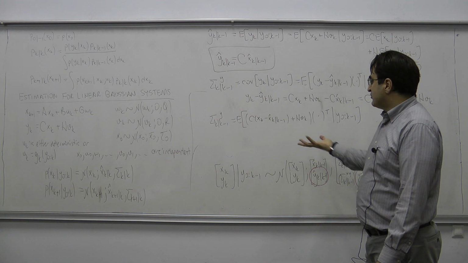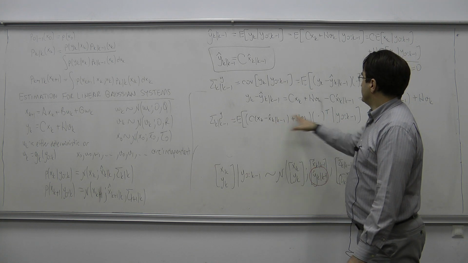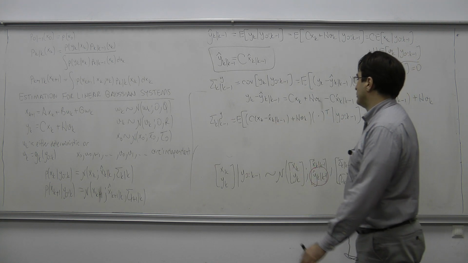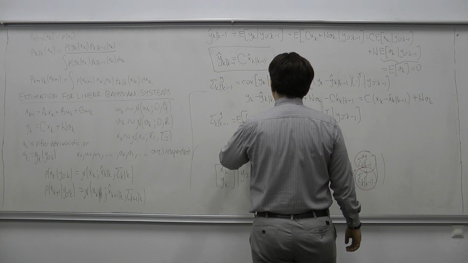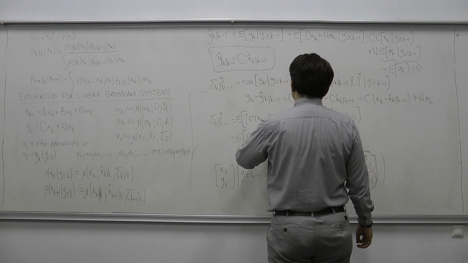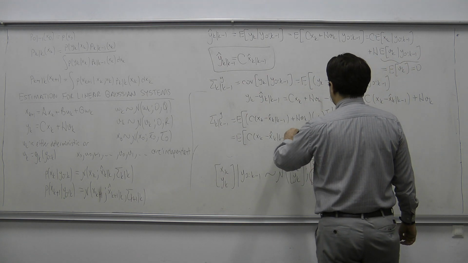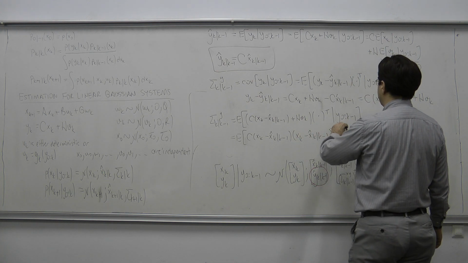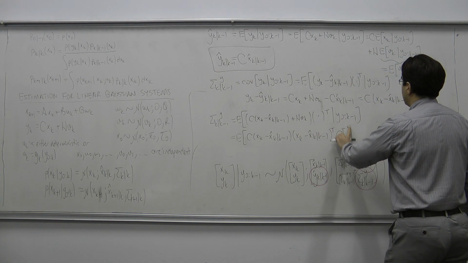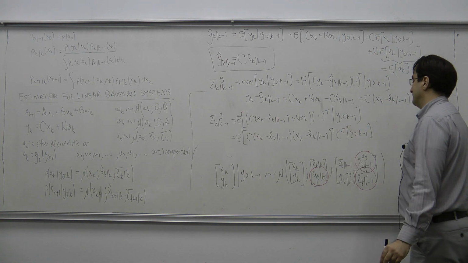But just to show you what the calculation looks like, I'm going to distribute this outer product. So that is going to be the expected value of C(x_k − x̂_{k|k-1}) times its transpose, (x_k − x̂_{k|k-1})^T C^T, given y_0^{k-1}.